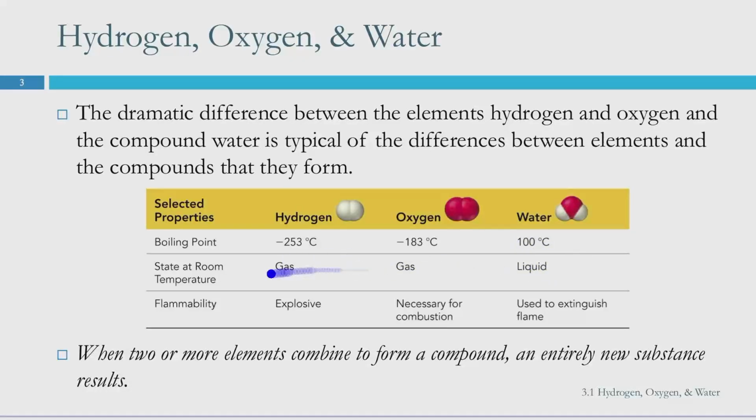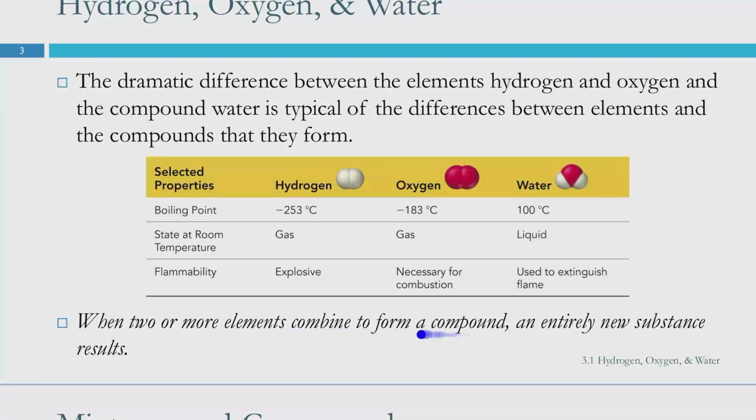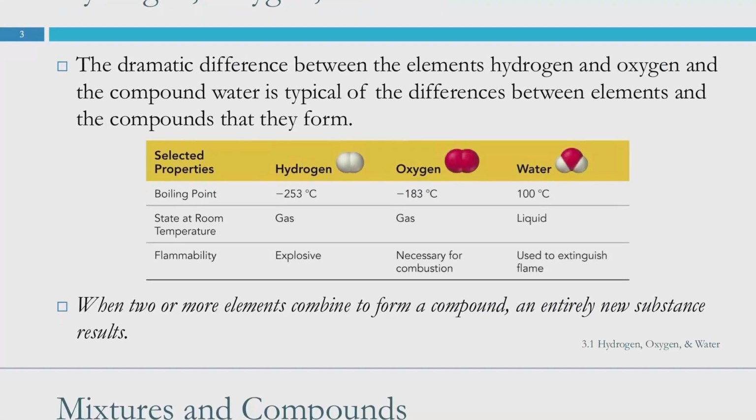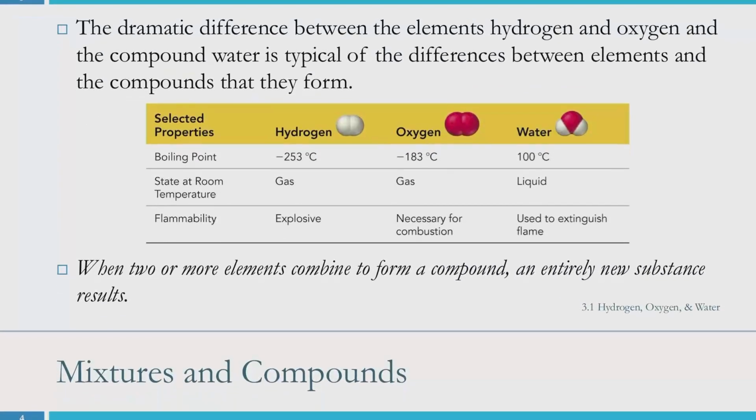It's a liquid instead of a gas at room temperature. Hydrogen and oxygen, explosive, necessary for combustion. Water, of course, used to put out flames. So when we combine elements to form a compound, we're making an entirely new substance, and the properties are not always going to be what we might expect.